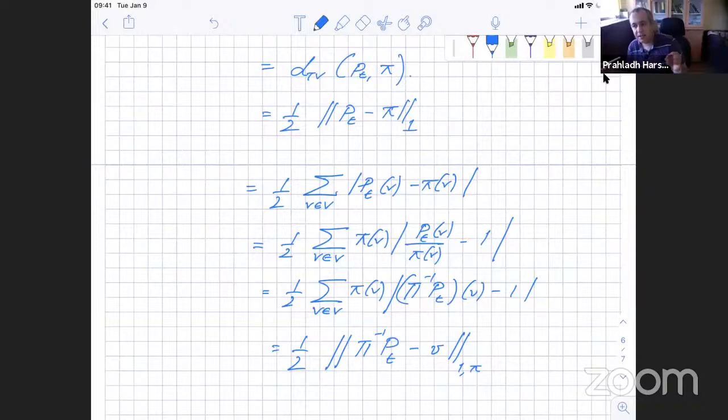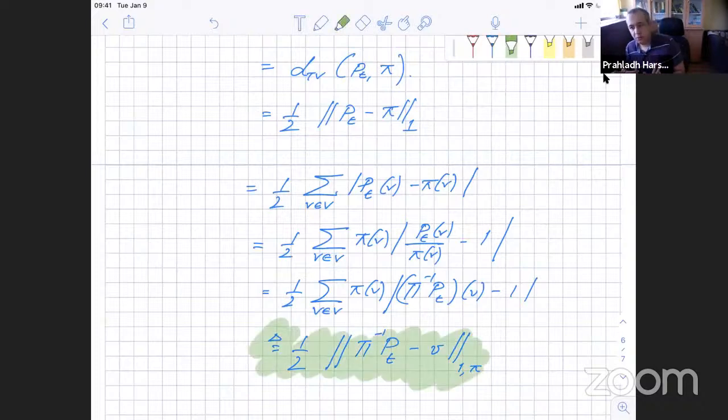I'm not going to take the sum, I'm going to take the weighted sum. So this is a definition, and I hope this definition is okay by you.